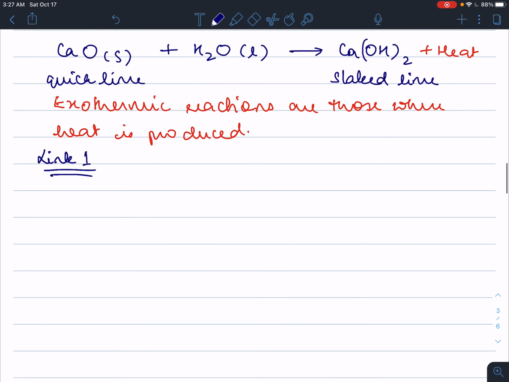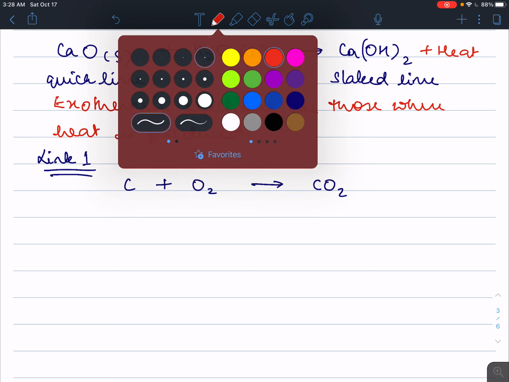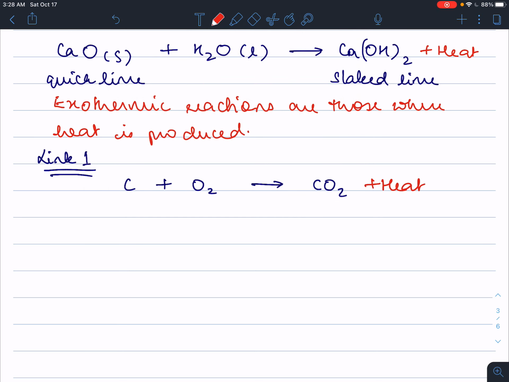Alright? Now, is this the only kind of combination reaction? No. Think about carbon burning in air to give you CO2. Now, this is also an exothermic reaction, and this is the reaction that is used to produce electricity in coal-fired power plants.